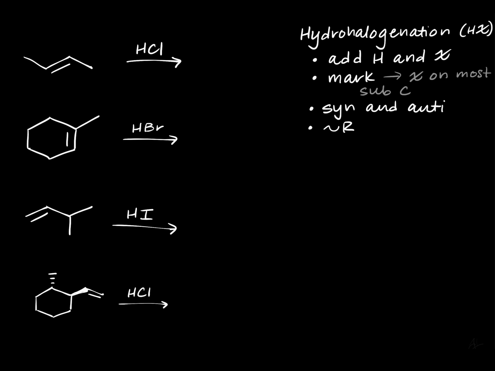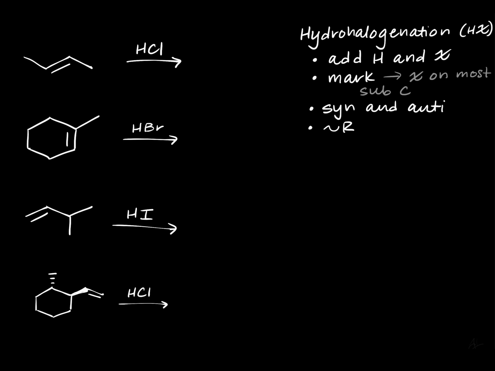I will have probably resources available about the mechanisms of this reaction soon. But for now, make sure you really understand the mechanism to understand why we get Markovnikov addition. Why do we end up with syn and anti addition? Why do we have rearrangement? Okay. So if we can answer these questions, which now we have answered for hydrohalogenation, we can do this for every single hydrohalogenation reaction we see.